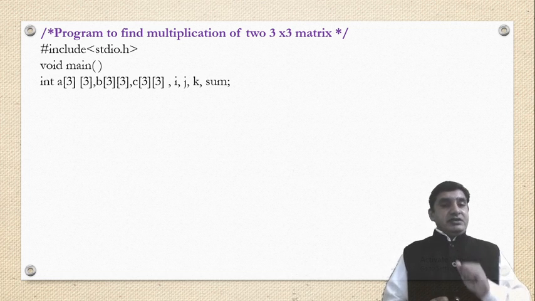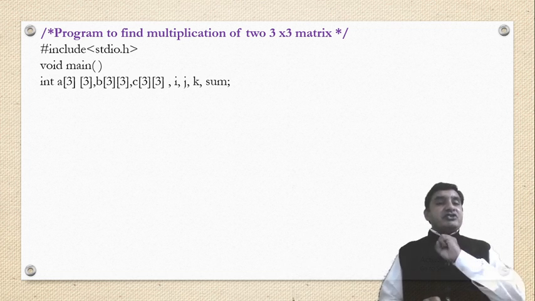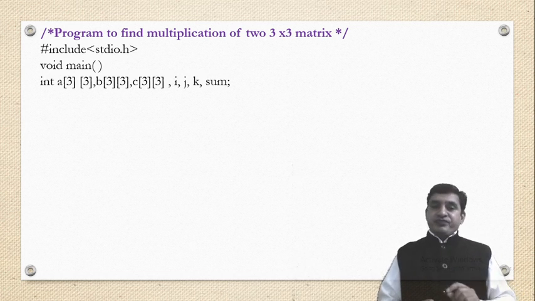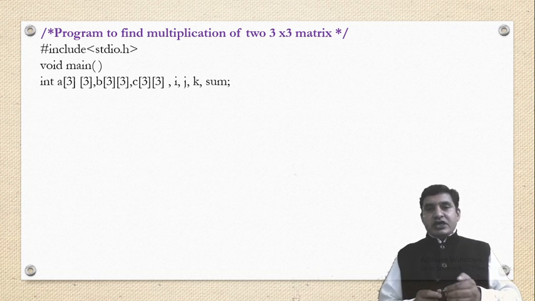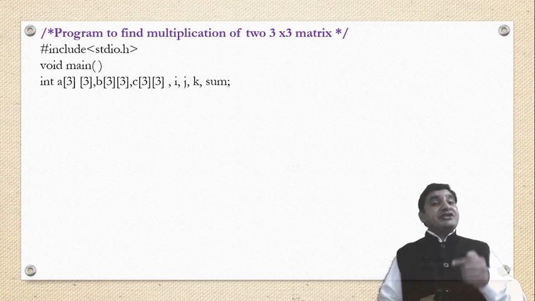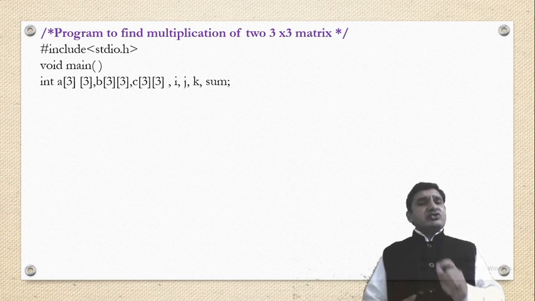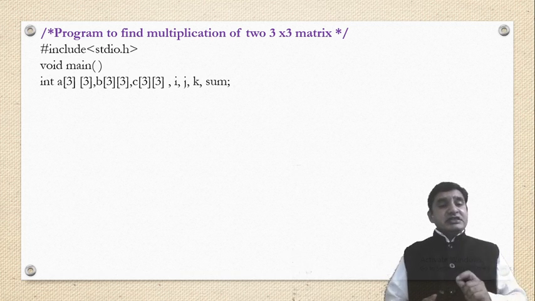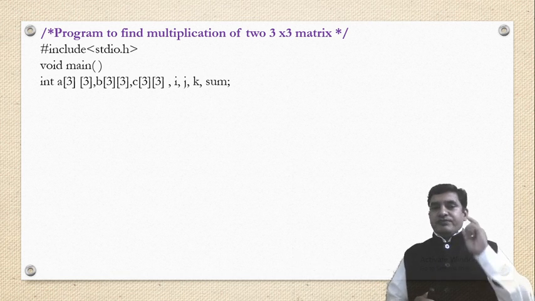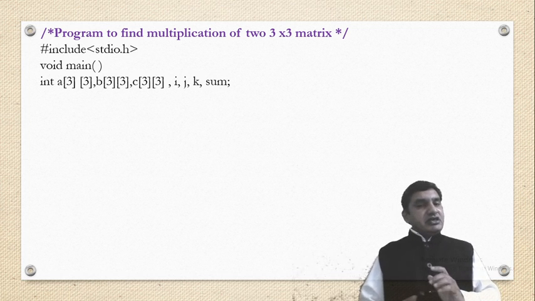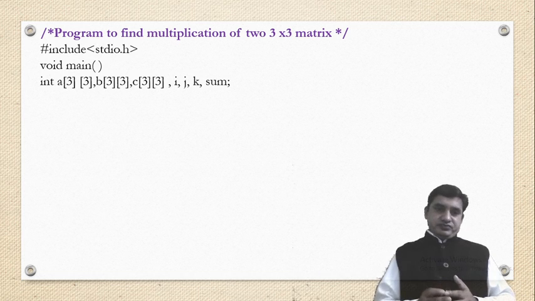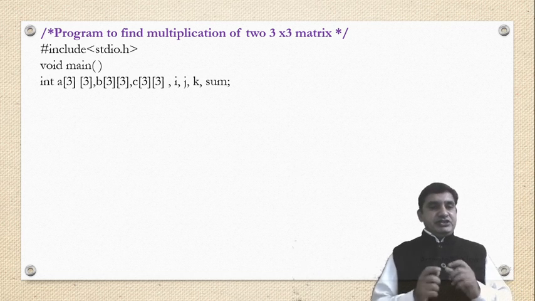Second matrix b, a 3 by 3 matrix, number of rows 3, number of columns 3. After multiplication we get matrix c, which is also a 3 by 3 matrix. i is integer, j is integer, k is integer, and sum is also integer.